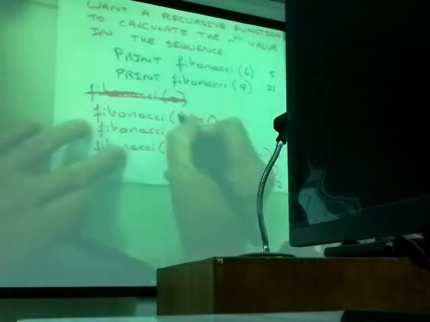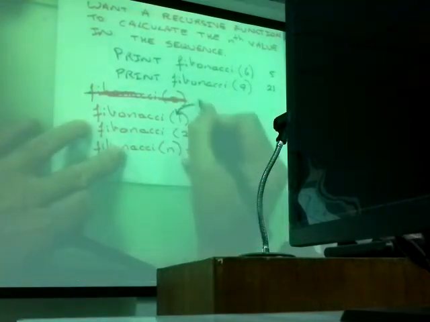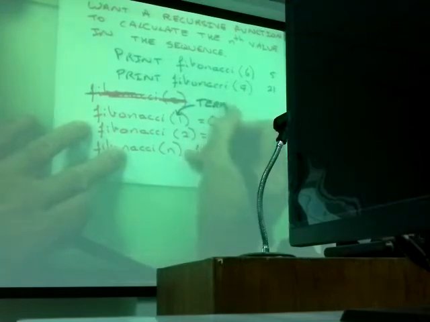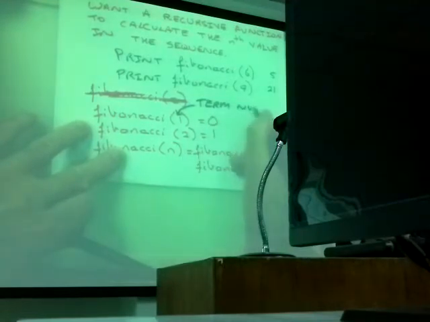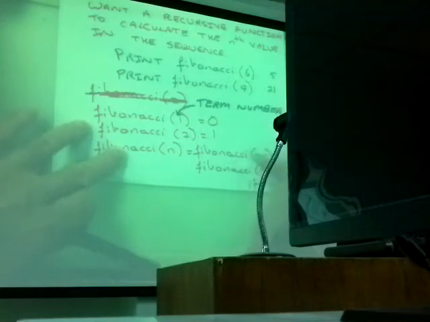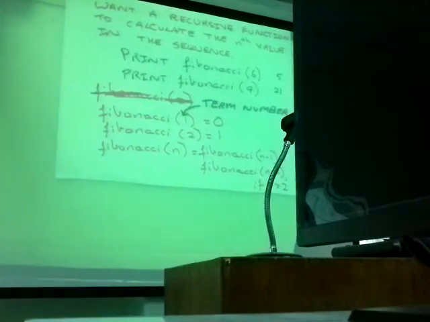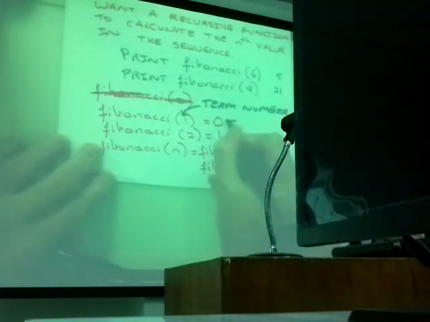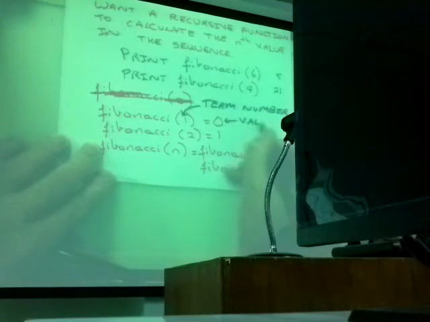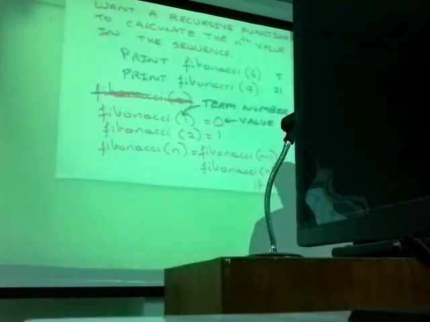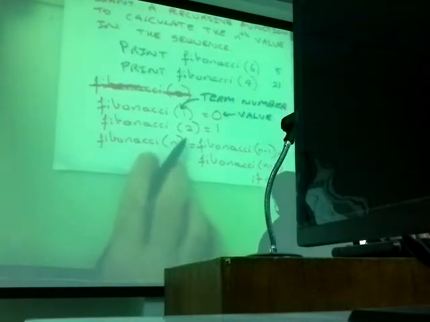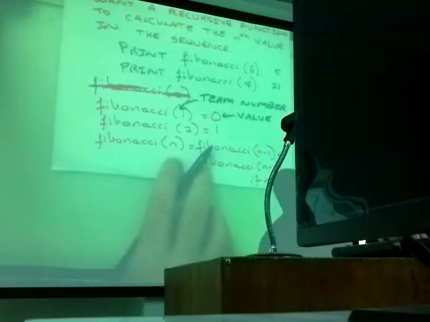So remember that this is the term number. So the term number 1 is 0. On the right here is the value of that term. So term number 1 is 0. Term number 2 is 1.